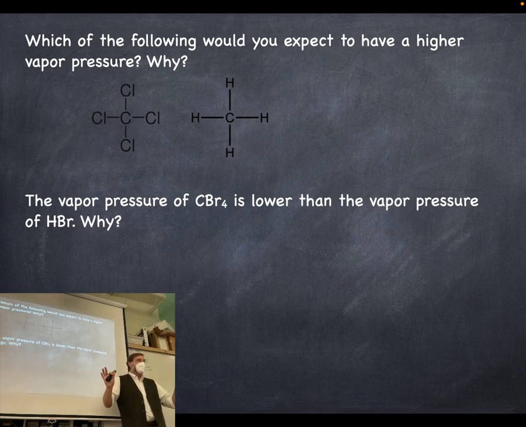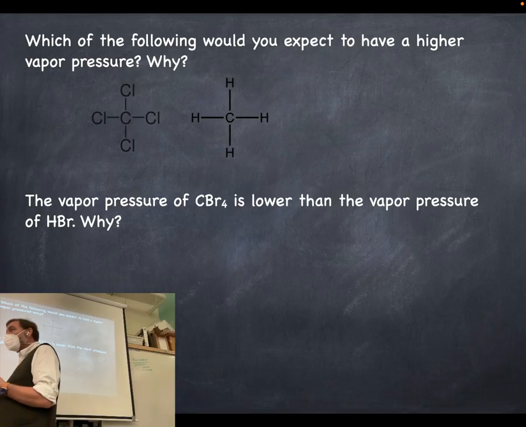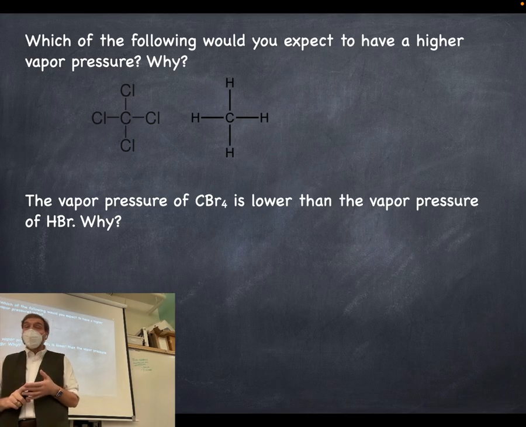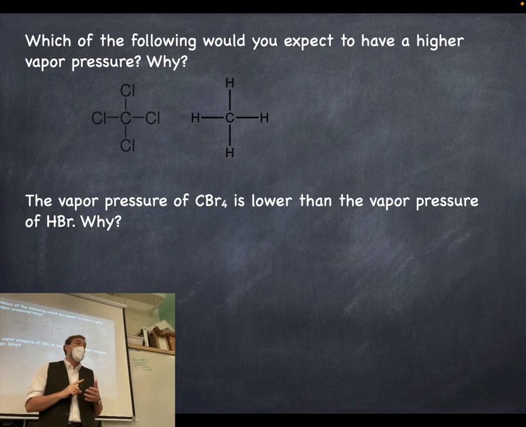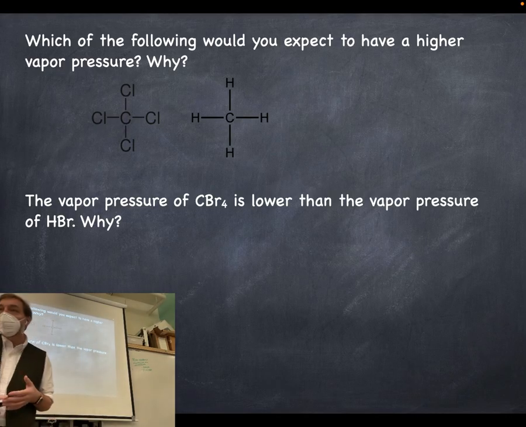I want everybody to have a chance to think and talk about it. Remember, you've got to think about what types of intermolecular forces there are and the strength of those intermolecular forces. So again, let's take 3 or 4 minutes. Think about each of these molecules. You want to identify what types of intermolecular forces, and then you want to think about the strength of those forces.